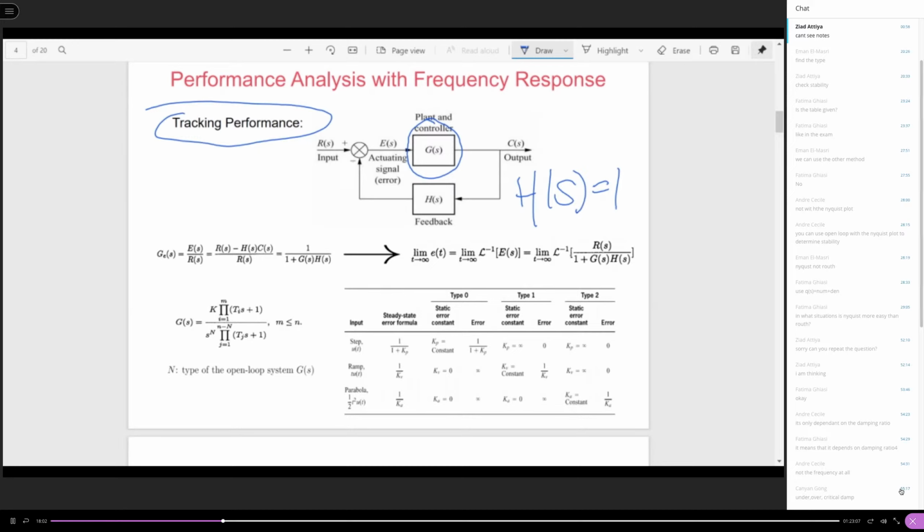In order to evaluate the tracking performance, we use the error signal to find out what the tracking is going to be.